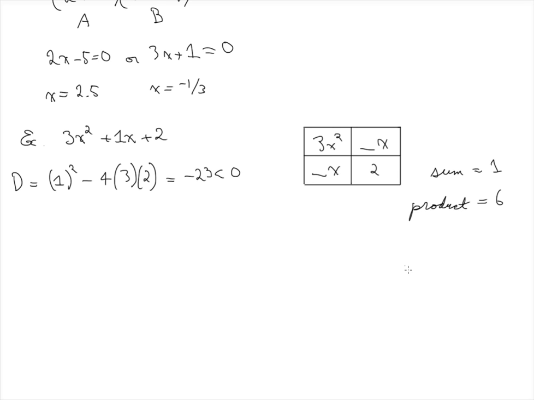Well, it turns out there are no such numbers. So it doesn't factorize. The equation 3x squared plus 1x plus 2 equals 0 has no solutions. Or, if you like, the parabola y equals 3x squared plus 1x plus 2 does not touch the x-axis.